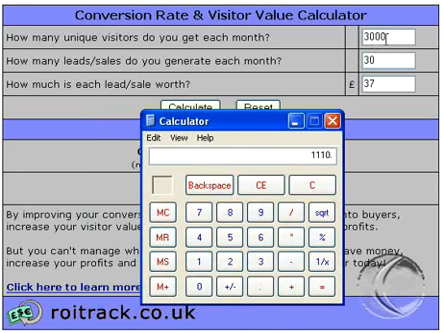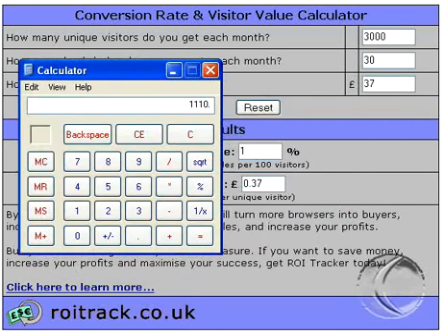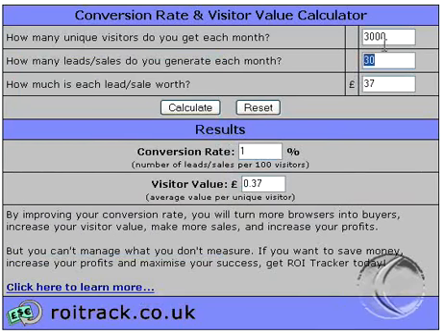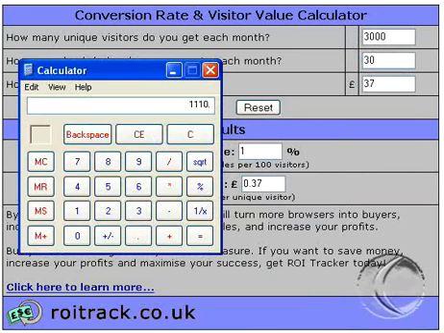Basically, what this little calculator does is take these numbers and do the math for you that I'm doing on my little calculator here. This is just one of my products, but it's just a sample for the numbers. I make $1,110 for every 30 sales, and for every 3,000 visitors that come to my site.